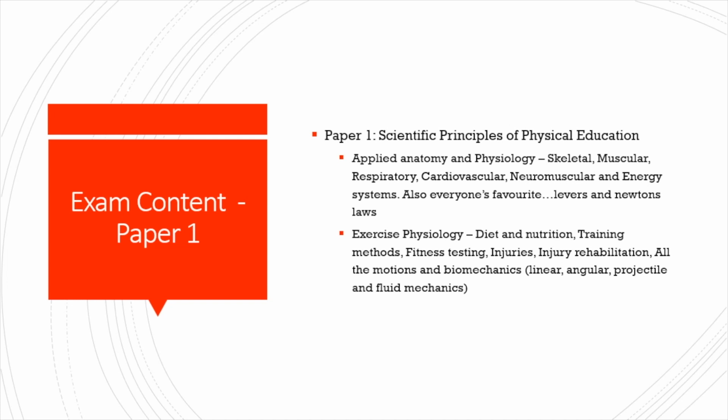The biology A-level and human biology A-level are very similar in what they teach, apart from the fact that with human biology, I know you do things like the digestive system and other systems which we don't look at, because we only look at it in terms of PE. With the exercise physiology section, this is how diet affects our training, how training affects performance, how injuries affect performance, and how we can build upon that.